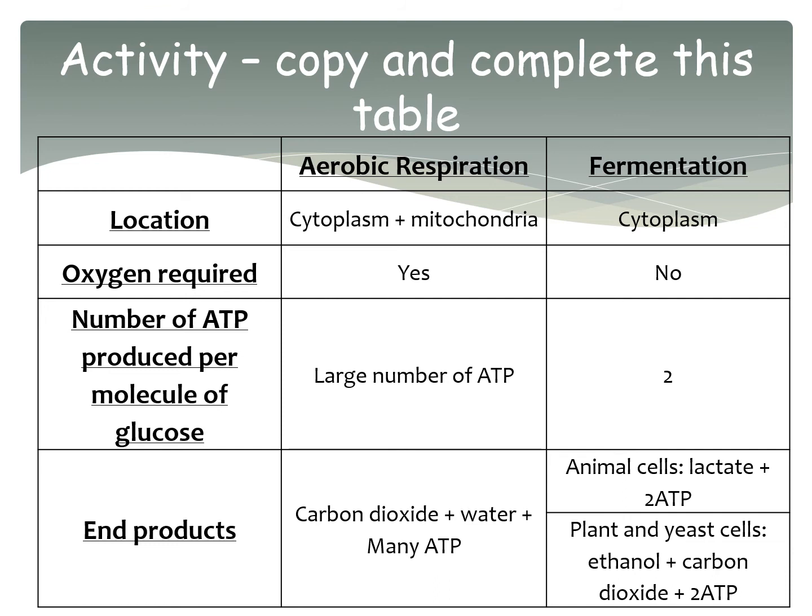Your end products in aerobic respiration should be carbon dioxide, water, and many ATP. For fermentation in animal cells, you should have got lactate and 2 ATP. And for fermentation in plant and yeast cells, you should have got ethanol, carbon dioxide, and 2 ATP. So very well done if you got that all correct.